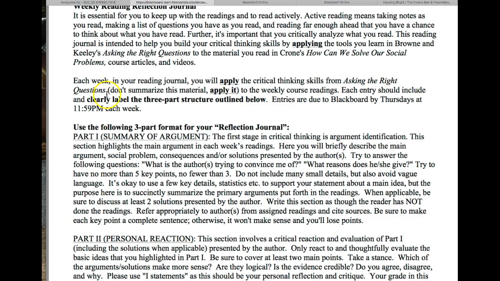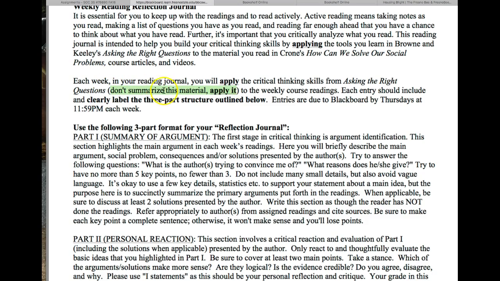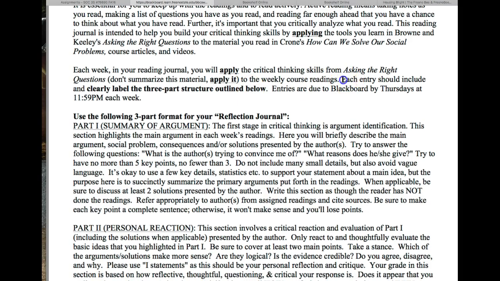And so let's see here, I have another little disclaimer. Do not summarize the material in Asking the Right Questions. You're going to apply it. Each one of your journal entries is going to include and clearly label the three-part structure that I have outlined down here.